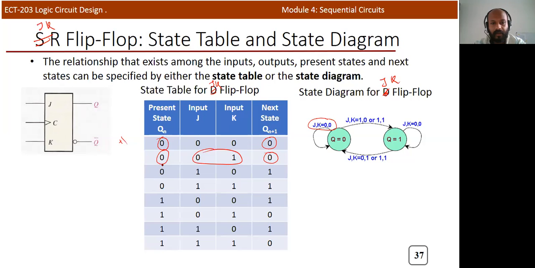And when the present state is 0 and the JK input is 1 0, it goes to the next state, that is 1. So when the JK input is 1 0, it goes into the Q equal to 1 state.